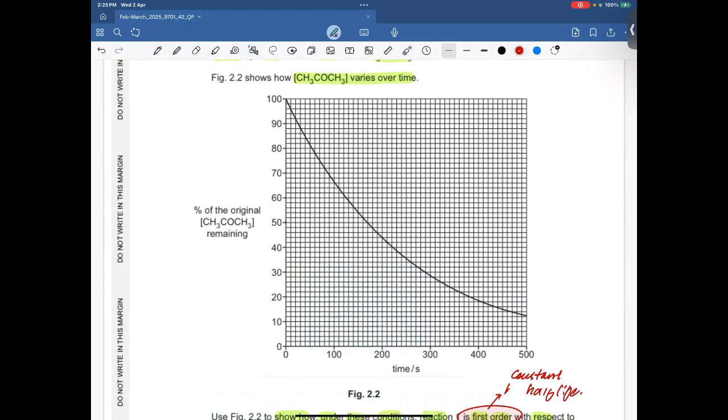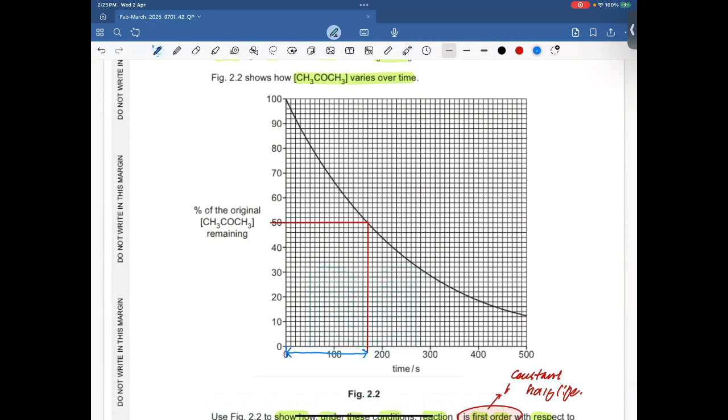Initial line at 50. All right, so from here to here, let me count the first half-life. This is 100, 10, 20, 30, 40, 50, 60, 70.